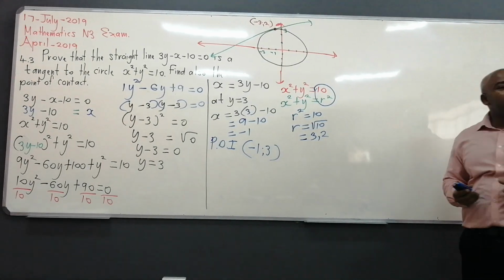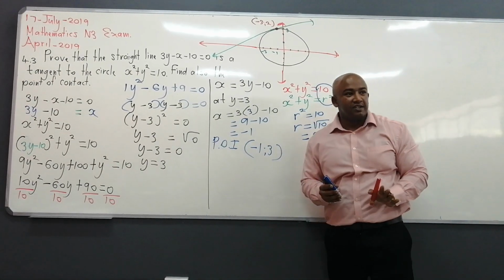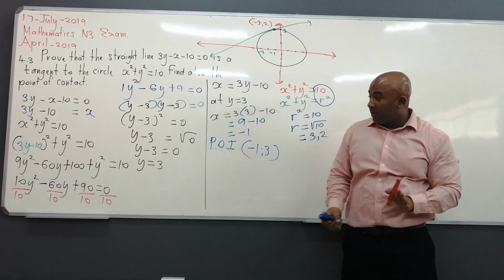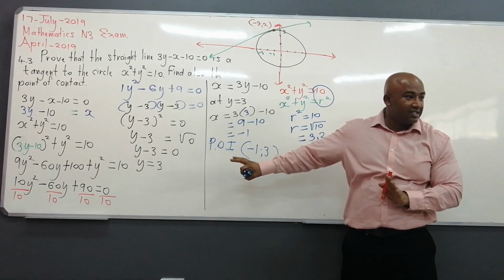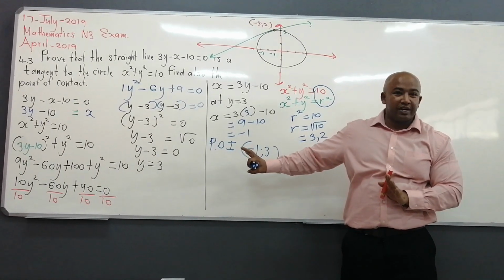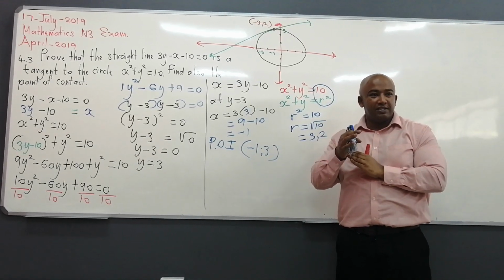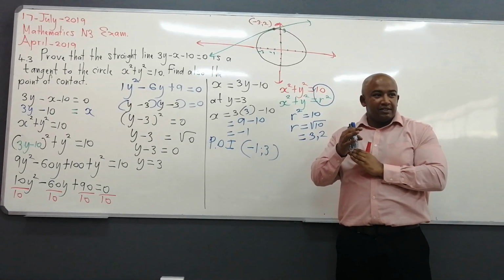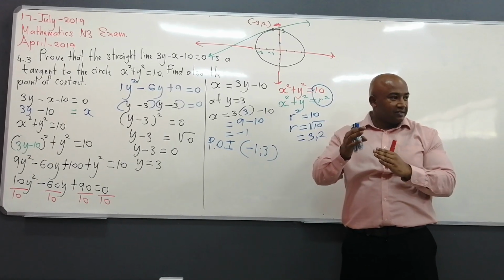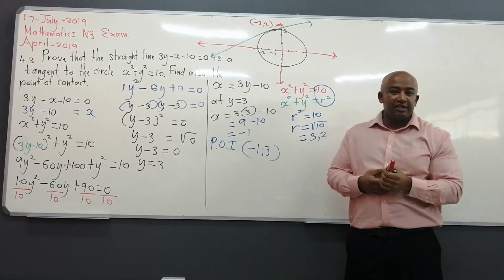So what do we know about tangents and circles? We want to make sure that this is correct. What do we know about a tangent to a circle at the point of contact?